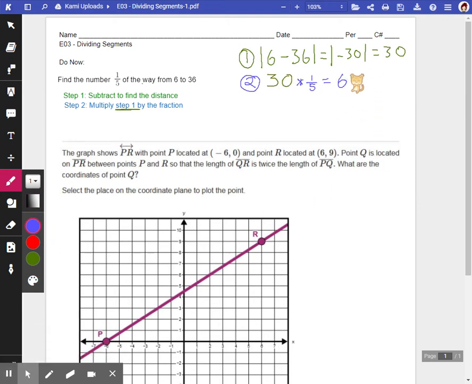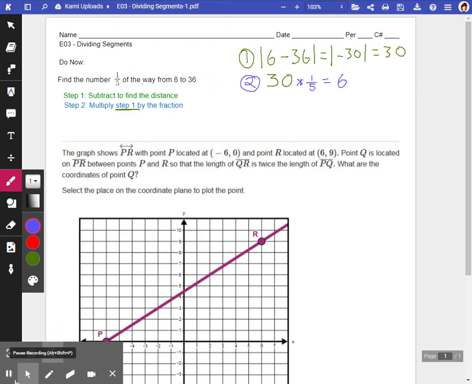So 6 units is a fifth of the distance that we have to travel. But we're not starting at 0, so we need to start at 6 and go from 6 towards 36.